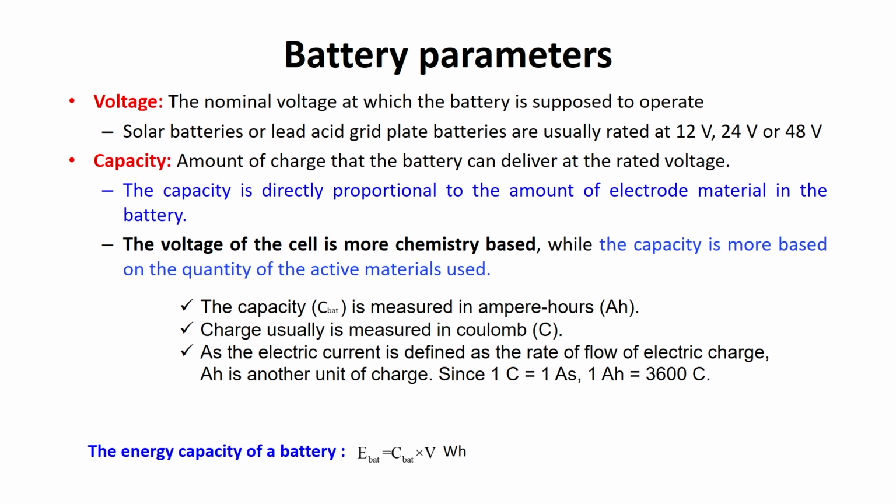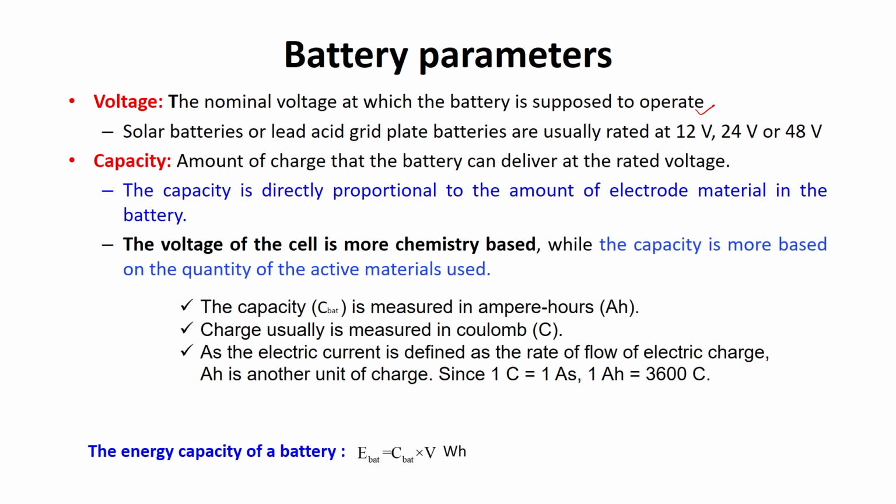Also, voltage, the nominal voltage at which the battery is supposed to operate, is very important. For solar batteries, these lead acid grid plate batteries are usually rated at 12 volt, 24 volt or 48 volt. Again, we need to define capacity, the amount of charge that the battery can deliver at the rated voltage.